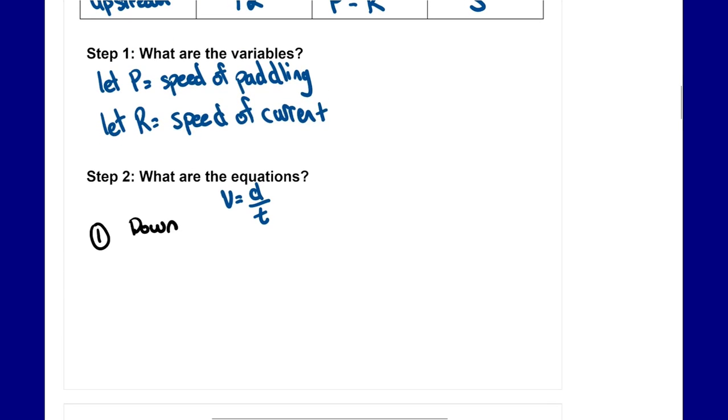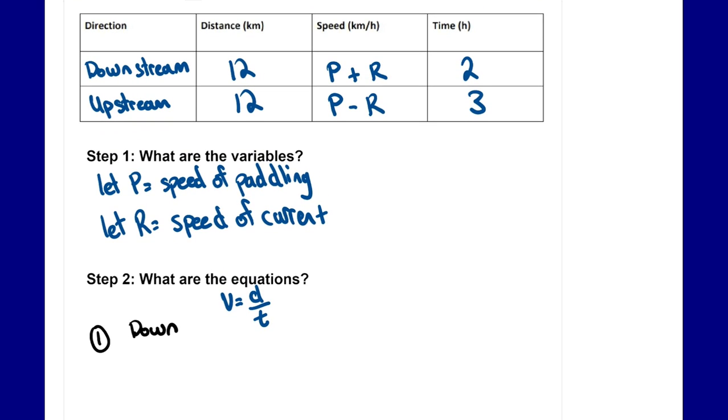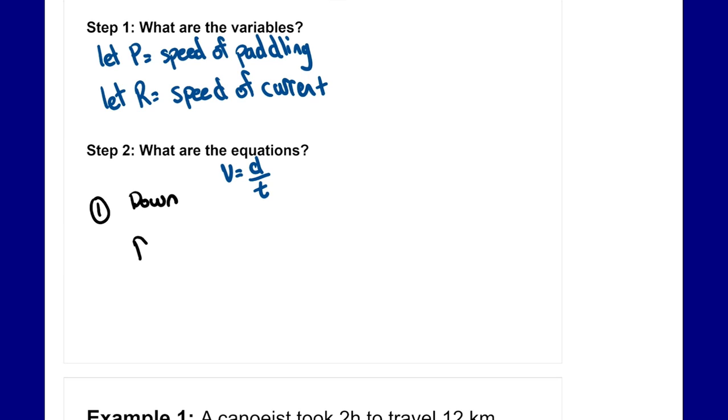If I'm going downstream, my velocity, which we've already found because we have a distance and a time, P plus R, is going to equal our distance, which was 12, over our time, which was 2. So the speed of the paddler plus the speed of the river has to equal 6 kilometers per hour. We don't really need to have that, but that's what that 6 represents.